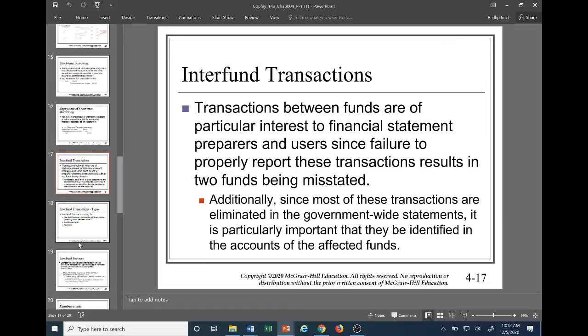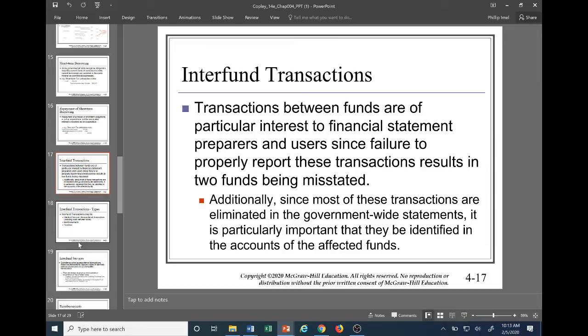So that's really important to people who are preparing the statements and the readers of the statements, right? Additionally, since most of these transactions are eliminated in the government-wide statements, it is particularly important that they be identified in the accounts of the affected funds.